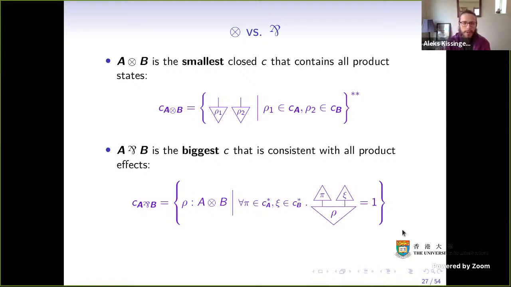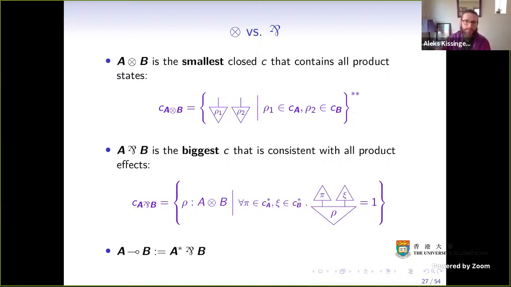Okay, so if you're coming from, say, GPT land, generalized probabilistic theories, if you've heard of something called the minimal and the maximal tensor product, this is very much the same kind of idea going on here. The only difference between those things and these things is here we're talking about normalization rather than positivity. Okay, so everything in sight is positive, but what's going on is I'm talking about whether things are normalized with respect to each other. Okay, and normalization really has a lot to do with this causal consistency.